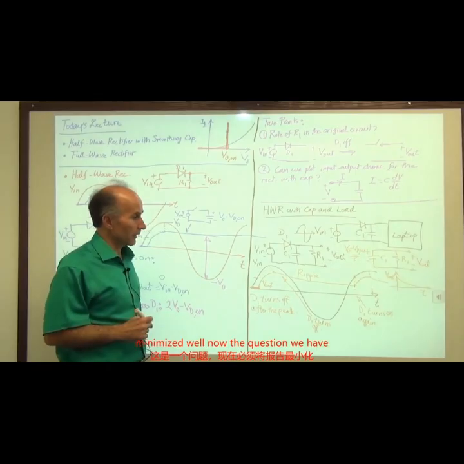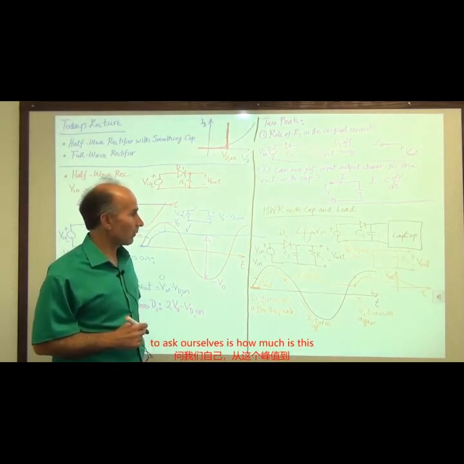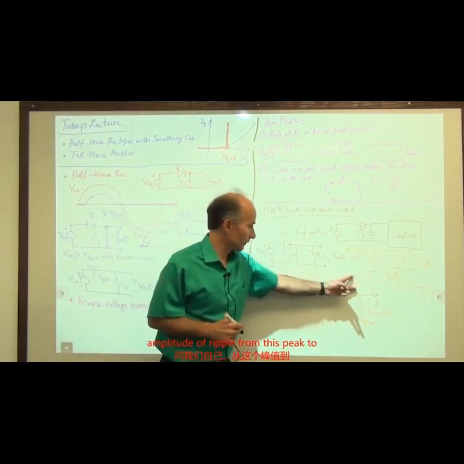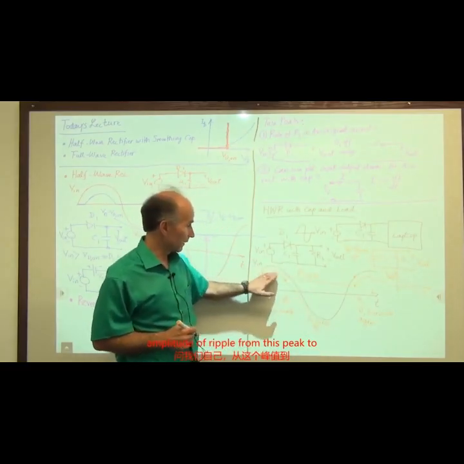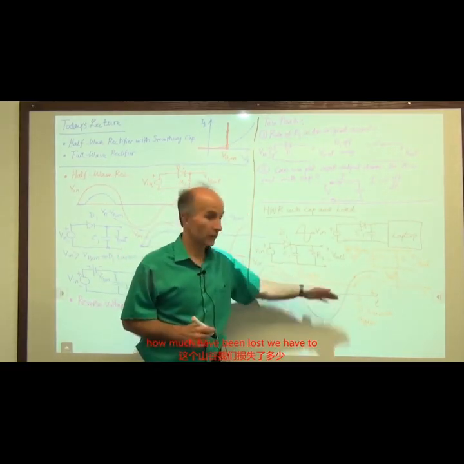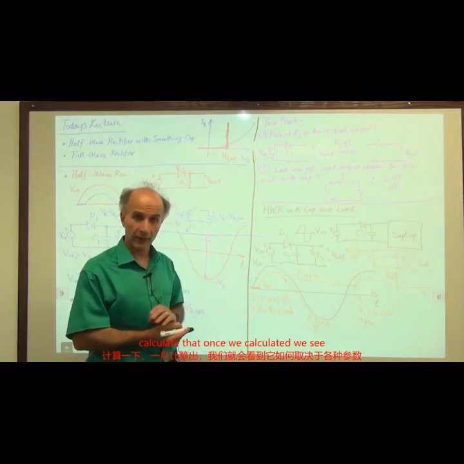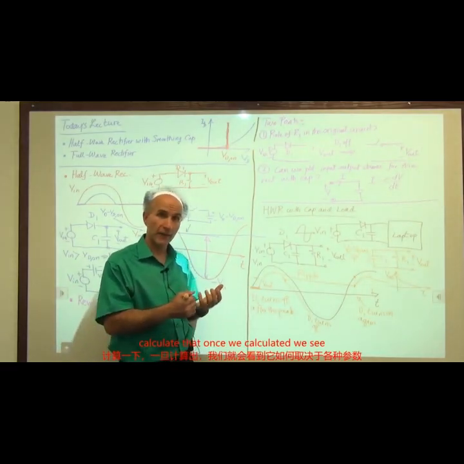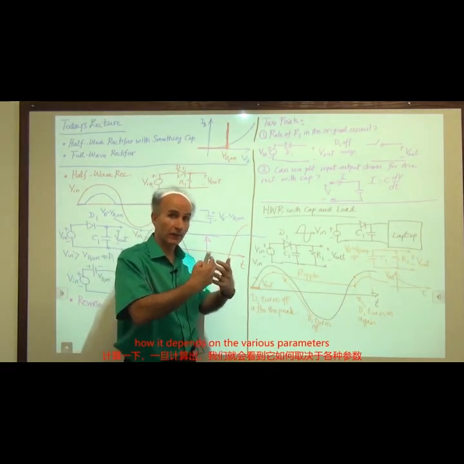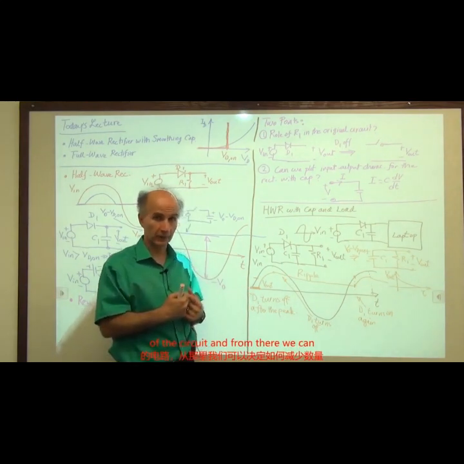Well, now the question we have to ask ourselves is, how much is this amplitude of ripple? From this peak to this valley, how much have we lost? We have to calculate that. Once we calculate it, we see how it depends on the various parameters of the circuit.